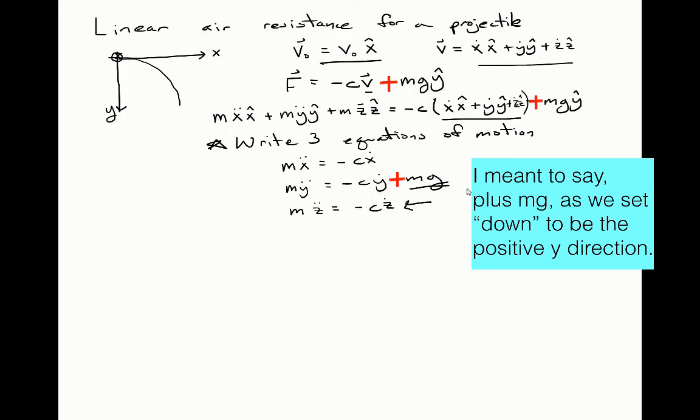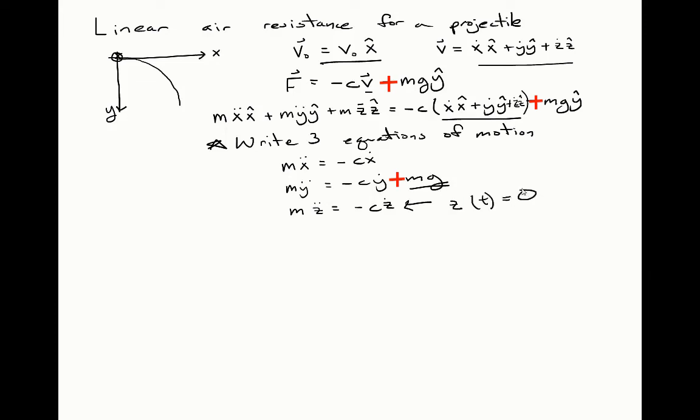We still just end up with z being 0. It never changes because there is no z dot to begin with in this problem. If there was, then we would need all three directions, but there's no point in that because you can just define x and z to be in the directions you want to make your problem easier.